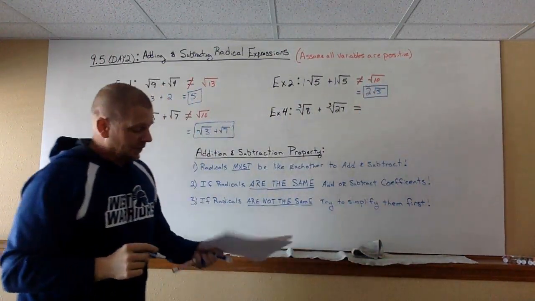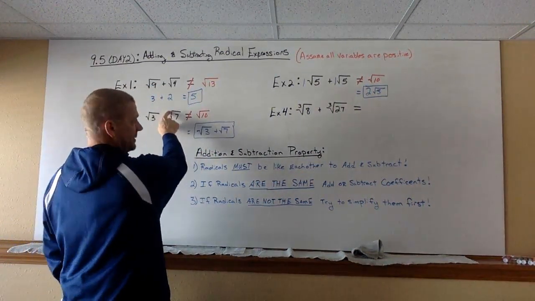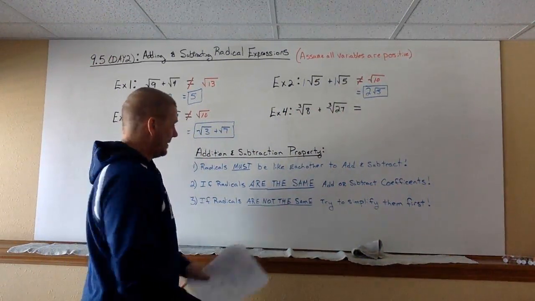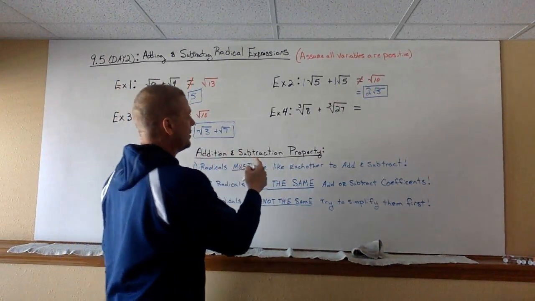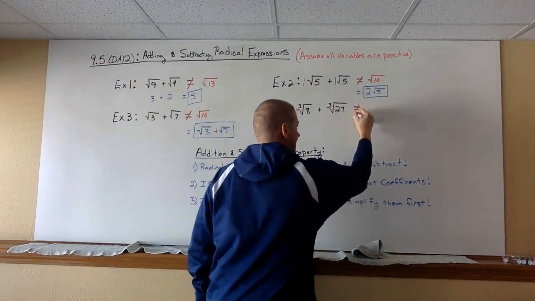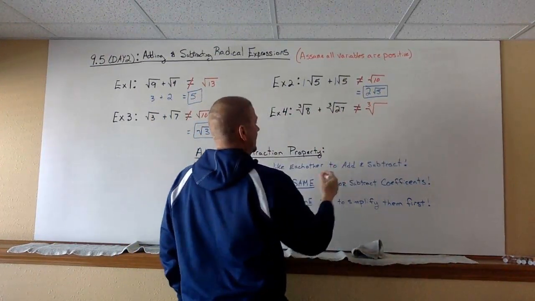Now, the same thing holds true for any type of radical, not just square roots: cube roots, fourth roots, fifth roots, and so on. All these three rules apply. I can tell you what the cube root of 8 plus the cube root of 27 is not. It is totally not the cube root of 35.